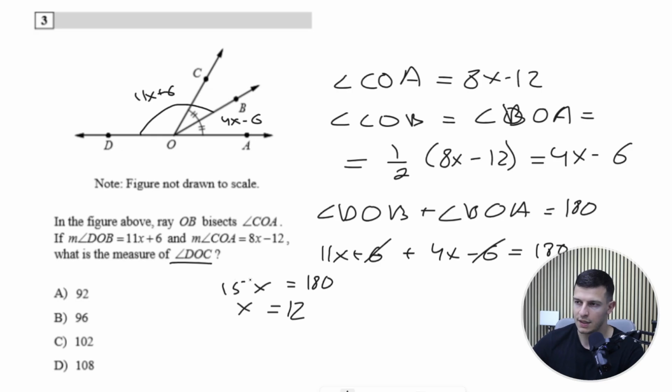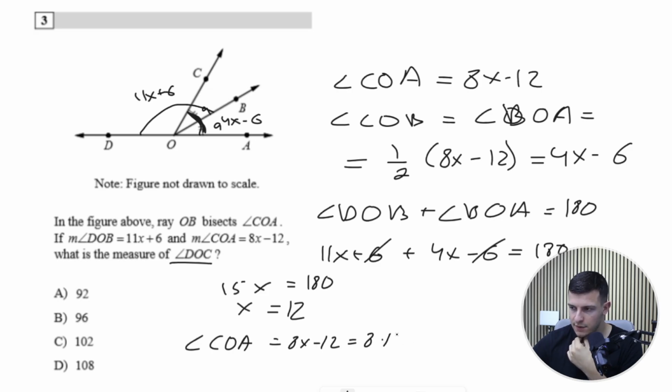Now, to find DOC, we can do two things. We can find what this is, which is just double the 4x minus 6. Or we can find what COA is, and we can subtract. So angle COA is equal to 8x minus 12. That's given.